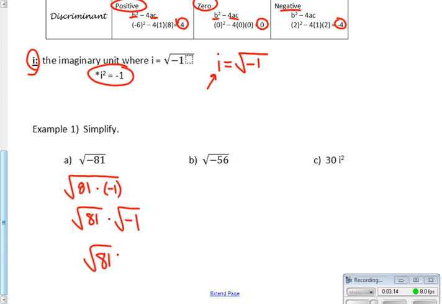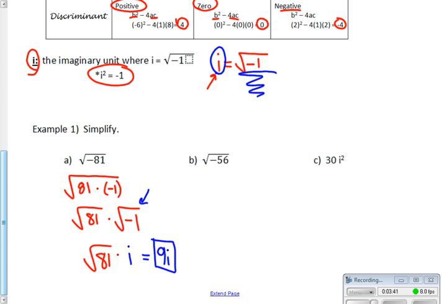As mentioned above, the square root of -1 is known as i. So I can say the square root of 81 times i, and the square root of 81 is 9. That gives 9i.